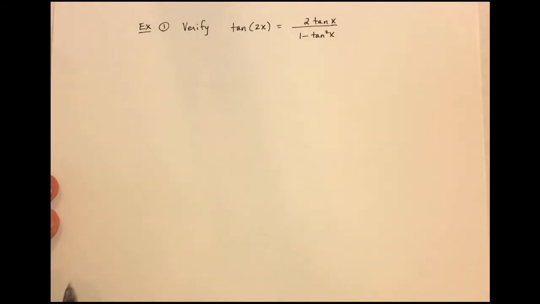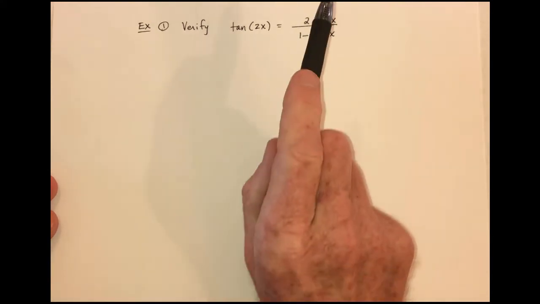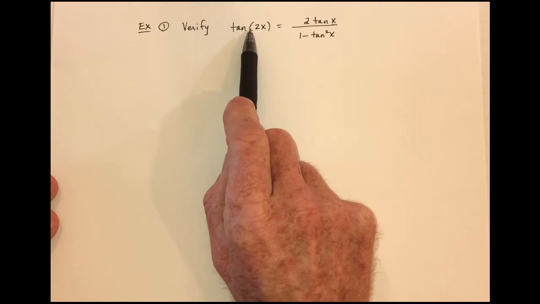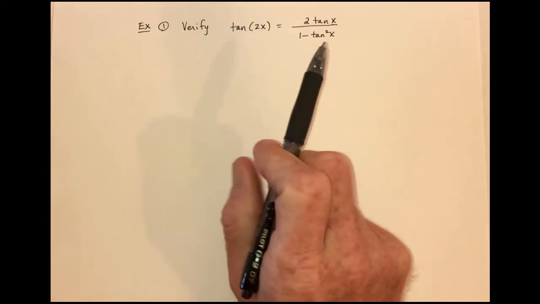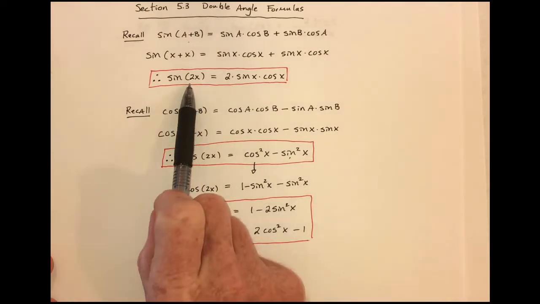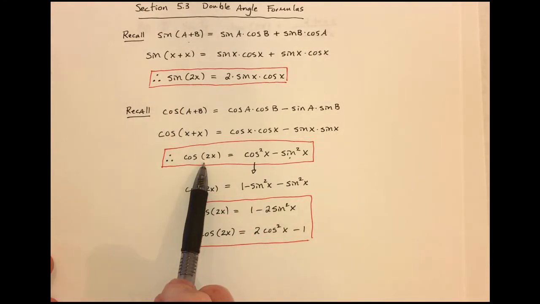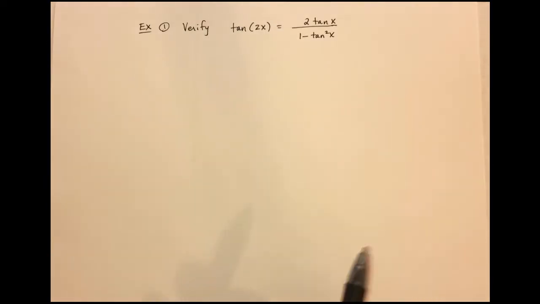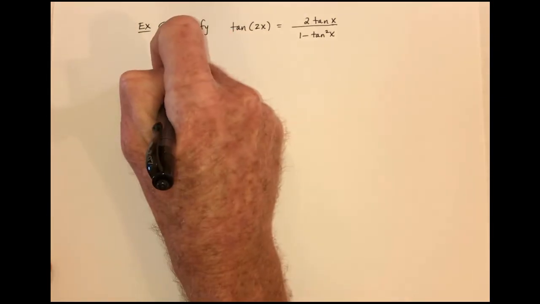Now usually when I have an identity, I start with the more complicated side and then reduce it to this. But in this case, we just have these brand new formulas that have sine of 2x and cosine of 2x, and so I'm going to use these. So I'm actually going to start with the left side.